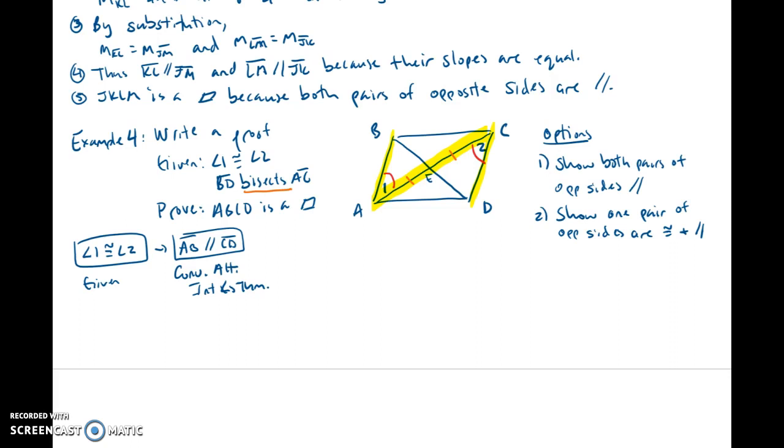Alright, so let me just undo these yellow highlighters for a moment, and let's just look at those 2 triangles. Let me highlight those triangles. So what I'm talking about is this, right? If I can show that these 2 triangles are congruent, then I can use CPCTC to show that the sides AB and CD are congruent.